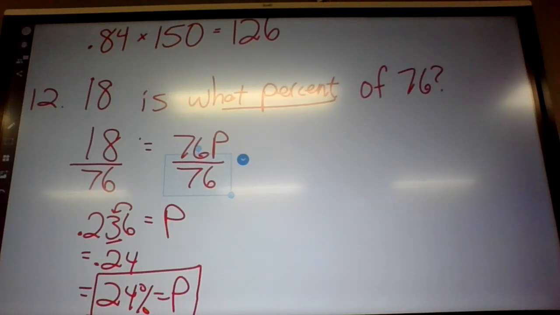What's 36%? So what is like the x? These are x.